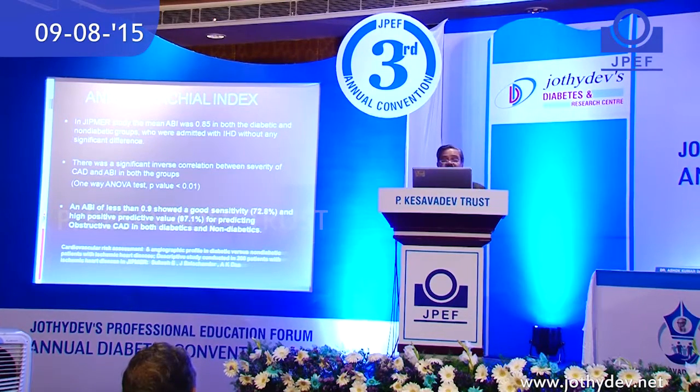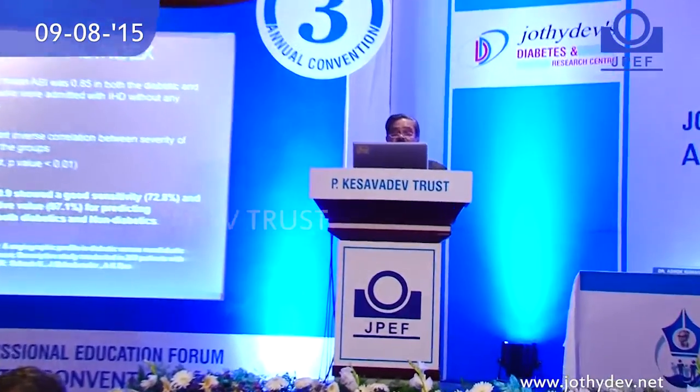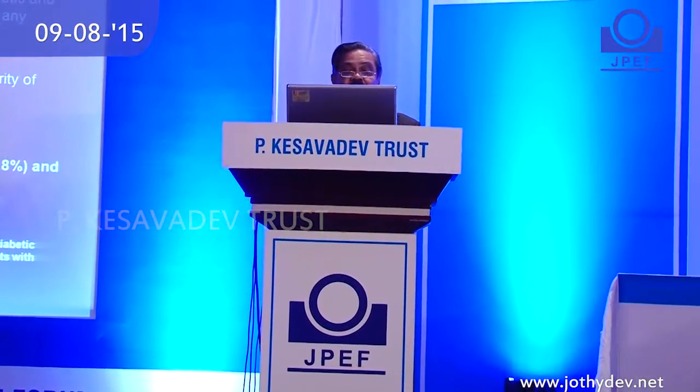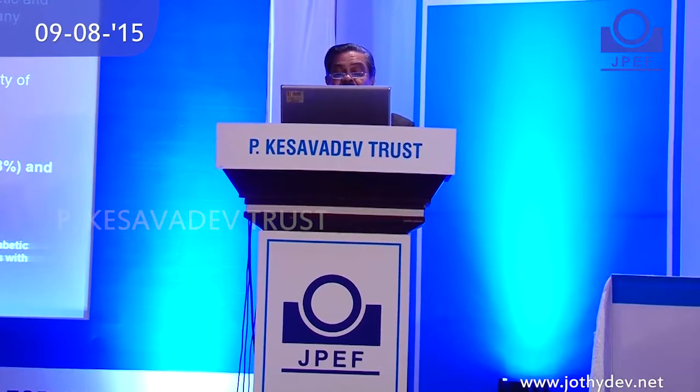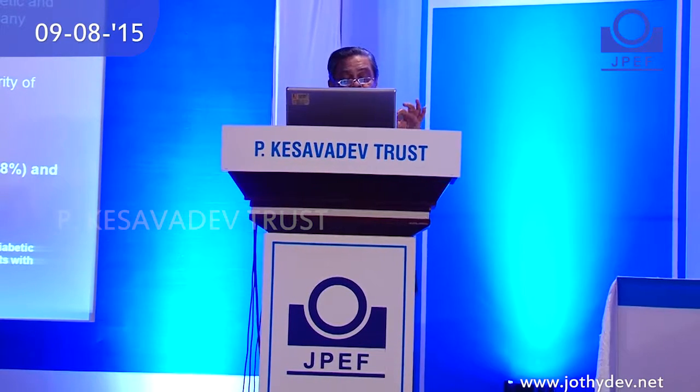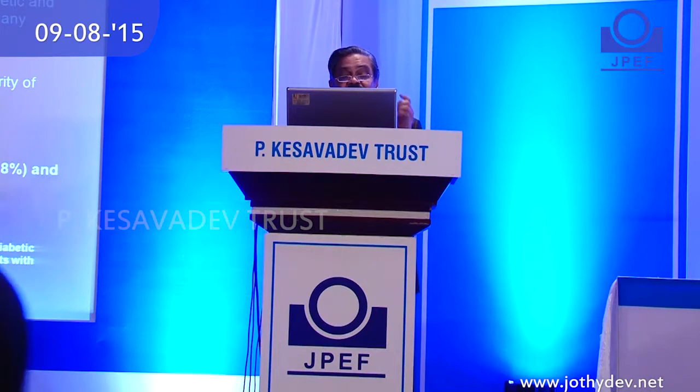Now, in the Zipper study, a mean ABI of 0.85, both in diabetics and non-diabetics admitted with ISD, showed that there is no difference between the diabetic and non-diabetic, but this is a good marker for coronary artery disease in both the groups. An ABI of less than 0.9 showed a good sensitivity in that study, 72.8%, and a high positive predictive value of about 97%.